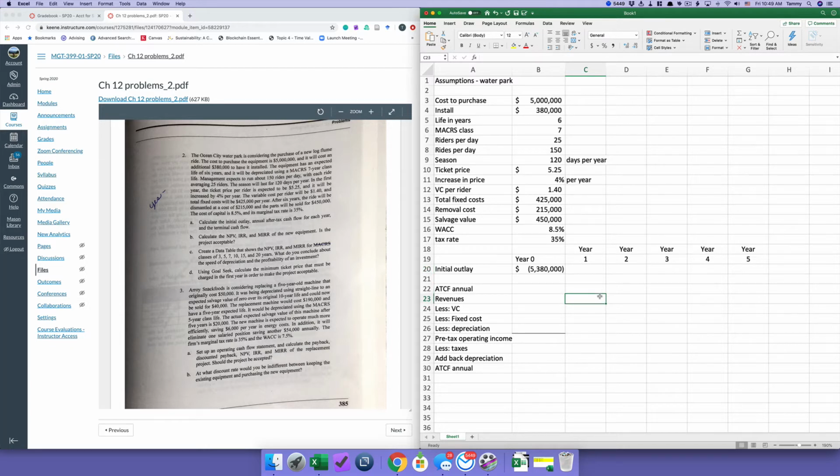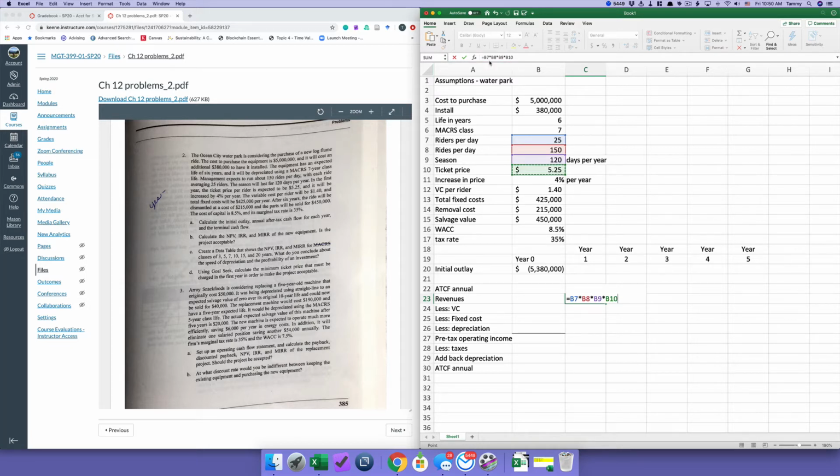Okay, so our revenues are going to be 25 rides per day times 150 riders per ride times 120 days per year times 5.25 per rider.